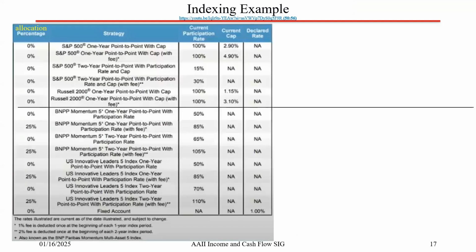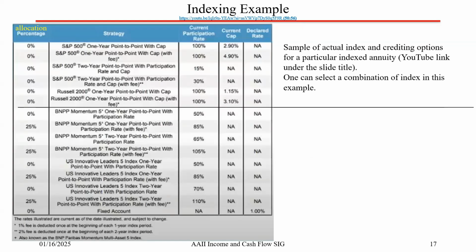So here is an actual example. The YouTube program that I got this from, the URL is under the title. In this table, the leftmost column is the allocation percentage. So this person can choose a combination of these things. If you look at the 25%, he chose 4 of them. The reason I drew the line is that on top of the line is the most common indexes people see, the Standard & Poor's 500, the Russell 2000.